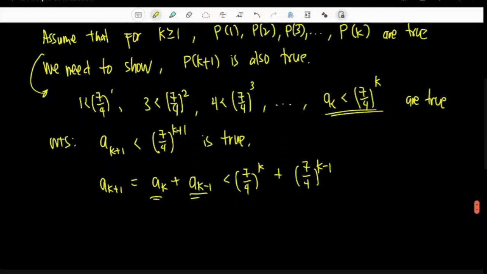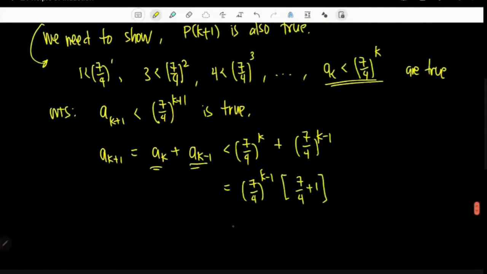Let me just factor out 7 over 4 to the k minus 1. We have 7 over 4 plus 1, right? But 7 over 4 plus 1 is simply 11 over 4. So here we have 11 over 4 times 7 over 4 raised to k minus 1.